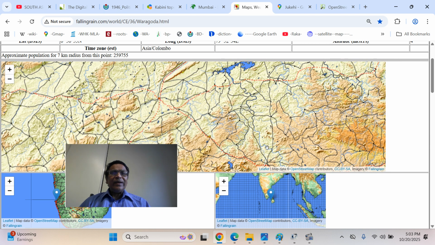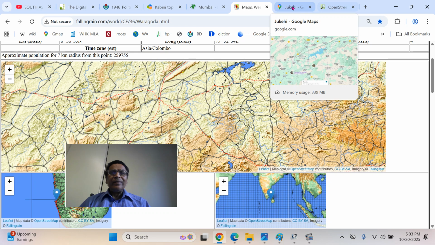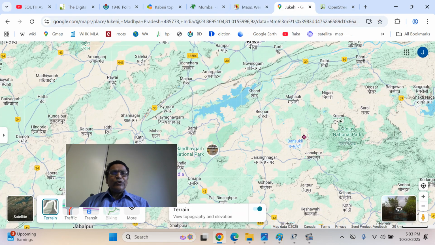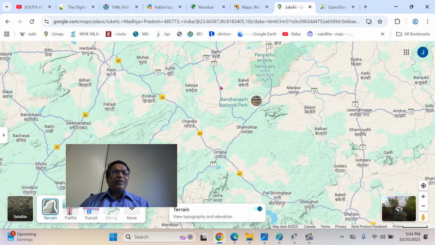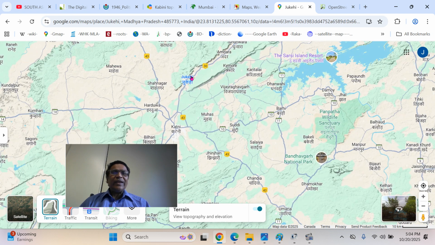Jabalpur, Katni Junction. You can see Jukehi Gap Town. That's the Jukehi. This is the Kaimur range. This is the Bander range. So Allahabad, Prayag to Jabalpur, eventually to Bombay railway line.